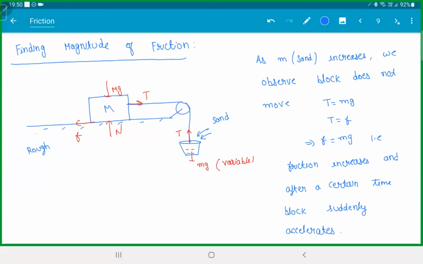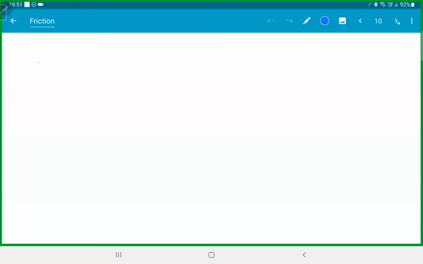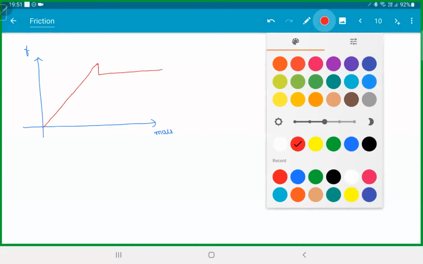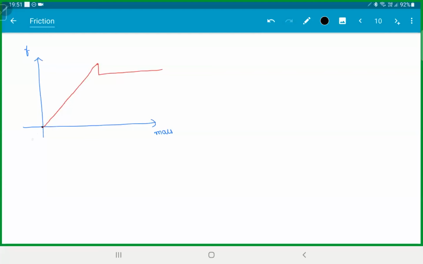When we plot this graph of friction versus the mass of the sand, we observe the graph goes like this. First, as the mass increases, friction increases. Then for some reason it drops and becomes constant. Let's call this point O, this point A, and this point B.